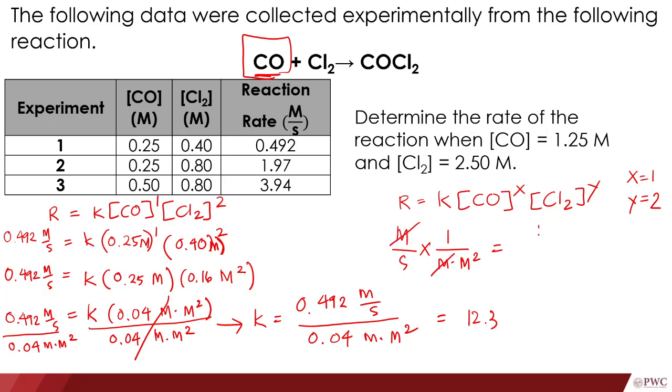What's left is 1 over seconds, then molar squared. So here the constant is equal to 12.3 over second molar squared. Again, that's K is equal to 12.3 over second molar squared. So we have determined the X, the Y, and then the K here.